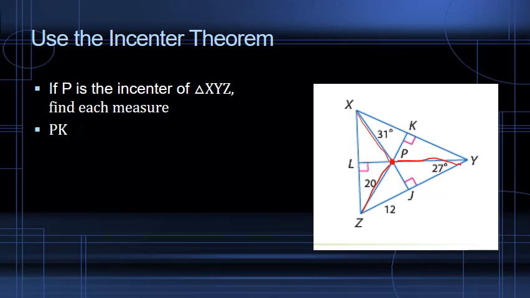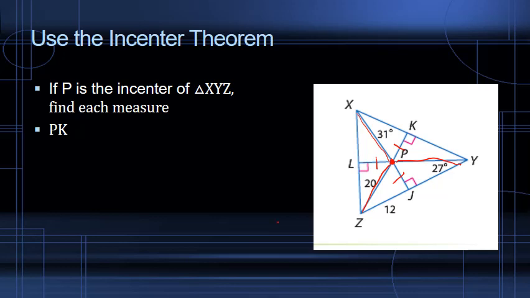So let's see what we've got here. That would mean that this and this and this would all be congruent.